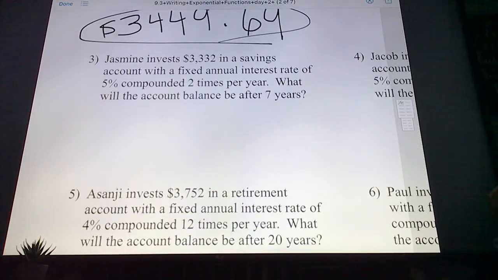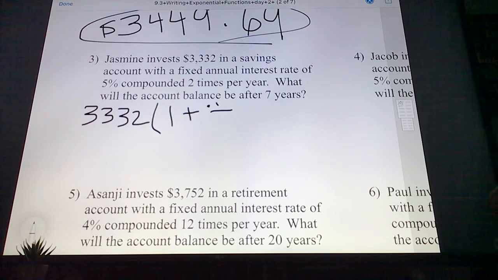Jamie invests $3,332 in a savings account with a fixed annual interest rate of 5%, compounded 2 times a year, after 7 years. So we say 3,332, 1 plus my rate, 0.05, over my N, which is 2. And then here, we say 2 times 7. Depending on your calculator, you either have to do the 14 or you say 2 times 7.